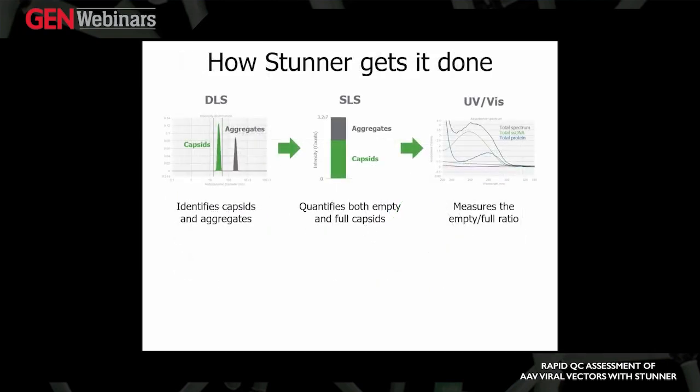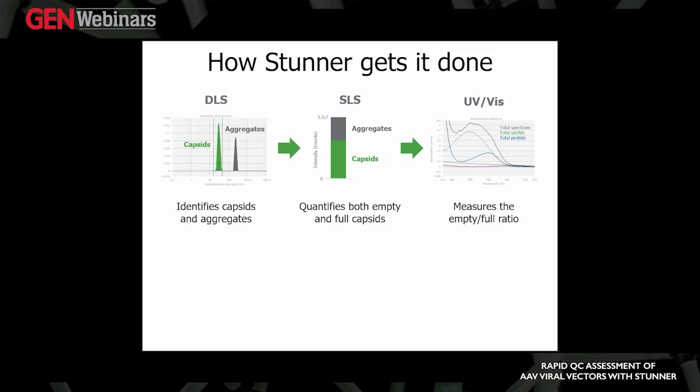What Stunner is doing is shown step by step here. First, on the left, DLS identifies the capsids, the aggregates, and how intense the signal is from each of those populations. So let's say the area under the curve that's green is 70% of the total area. In the middle, that info then helps you split up your SLS signal from a total value into the amount just attributable to capsids.